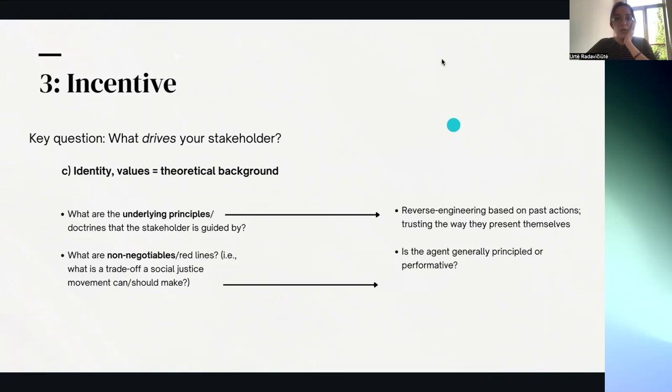And the third, which is, I suppose, the one that most people already intuitively fall to when they do stakeholder analysis, is the identity and the values, as in the theoretical background behind which someone operates. These things are sometimes very pronounced. Sometimes they're a little bit more subconscious/intuitive. If we're talking about social justice movements, probably they have some sort of a manifesto where they very much so detail what it is that they care about.